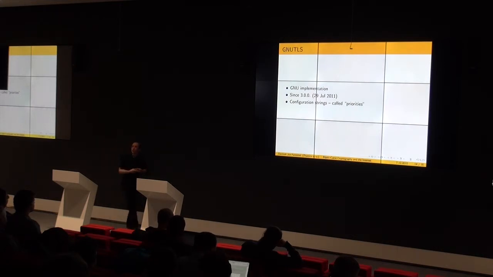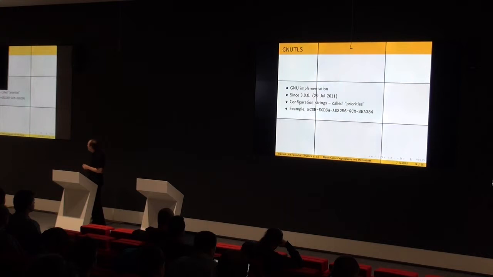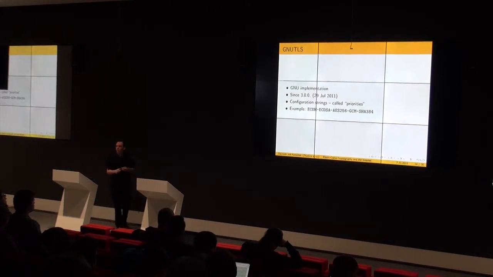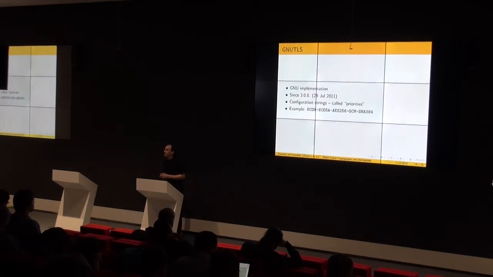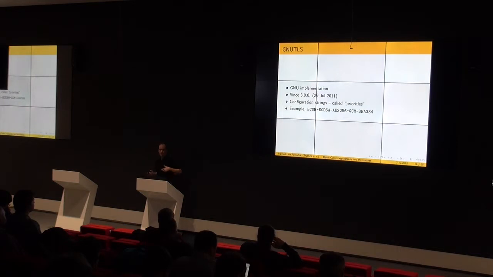So actually it should be called probably cipher suite order or priority in all the implementations which use this kind of configuration. And once again, if we show some example, we end up with something similar, maybe entirely the same as with OpenSSL and LibreSSL. Basically, it's the same. So once again, easy to use. There are some license restrictions because GNU TLS I think is GPL version 3, so I personally wouldn't use it.